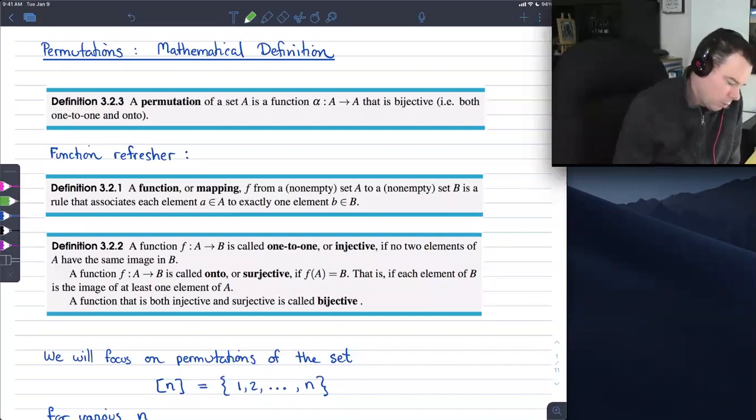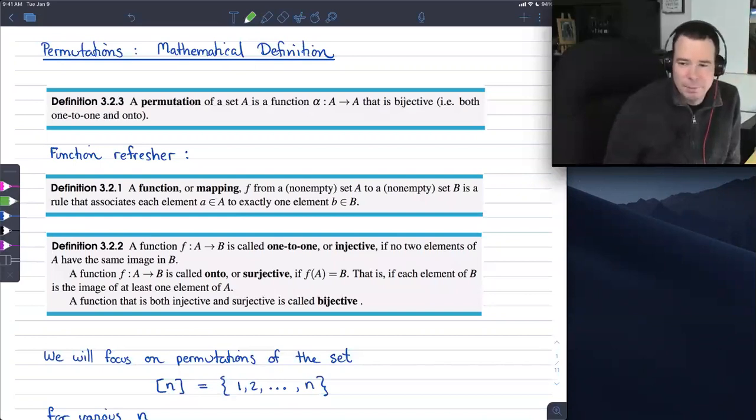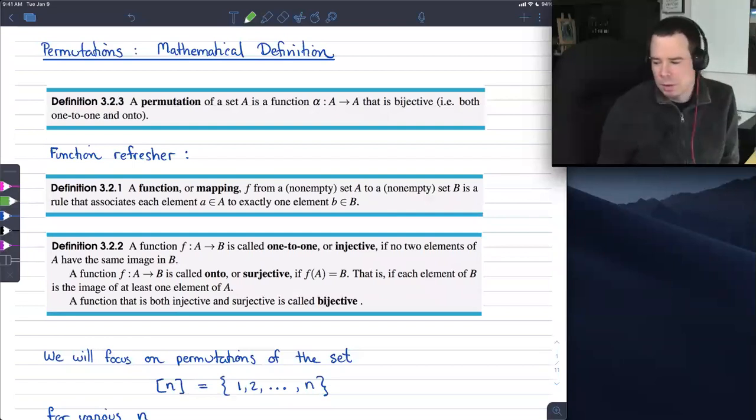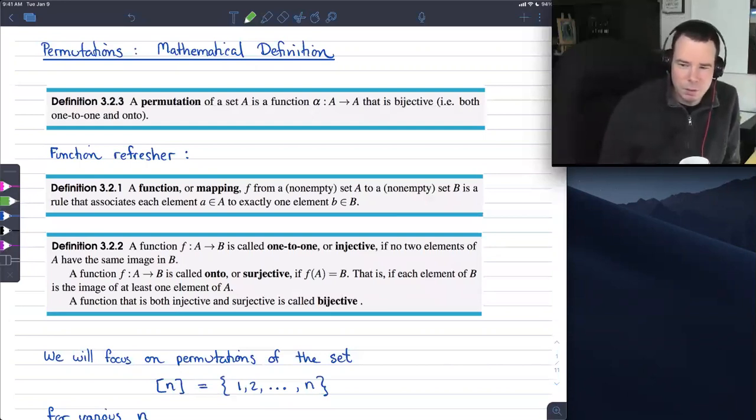So the formal definition, or the mathematical definition of a permutation, is that a permutation of a set A is a function which takes as input the elements of the set and gives as output the elements of the set and is bijective. So it's both one-to-one and onto.